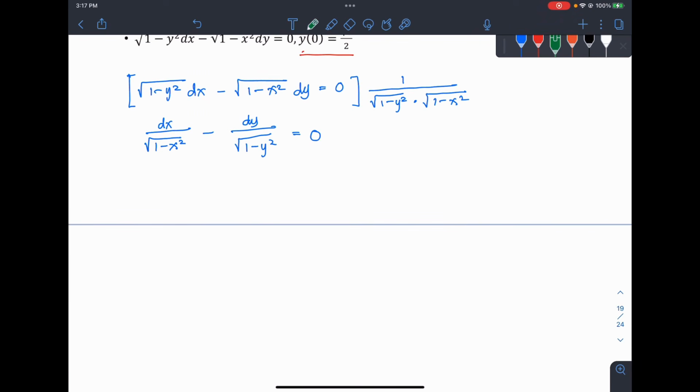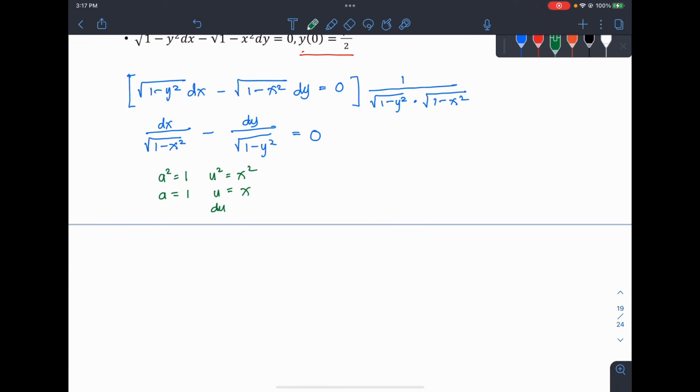So this resembles the square root of 1 minus x squared. We can use either a trigonometric substitution or an algebraic substitution, but it has the format of an inverse trig function. So our a squared is 1 and our u squared is x squared, so a is 1 and u is x.